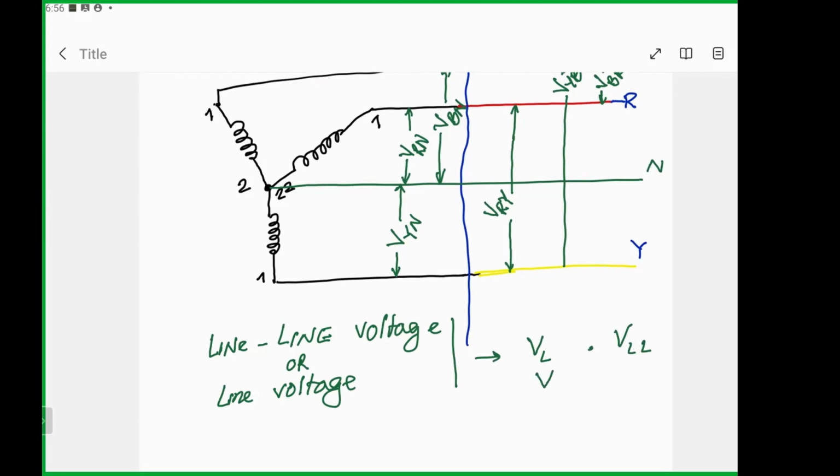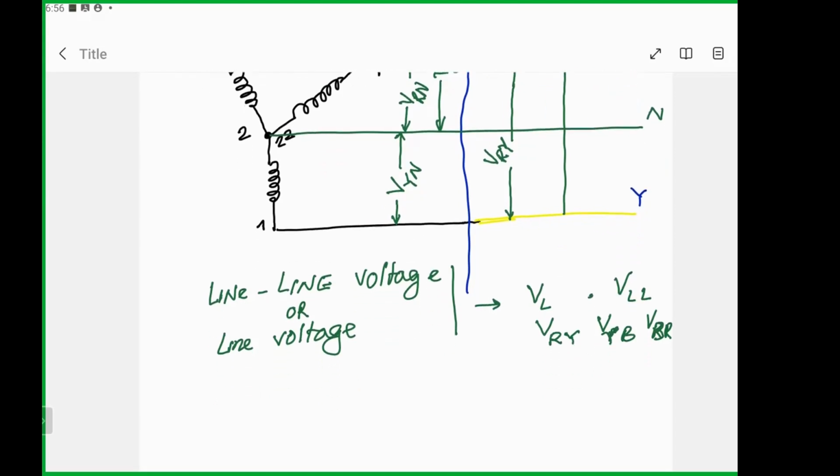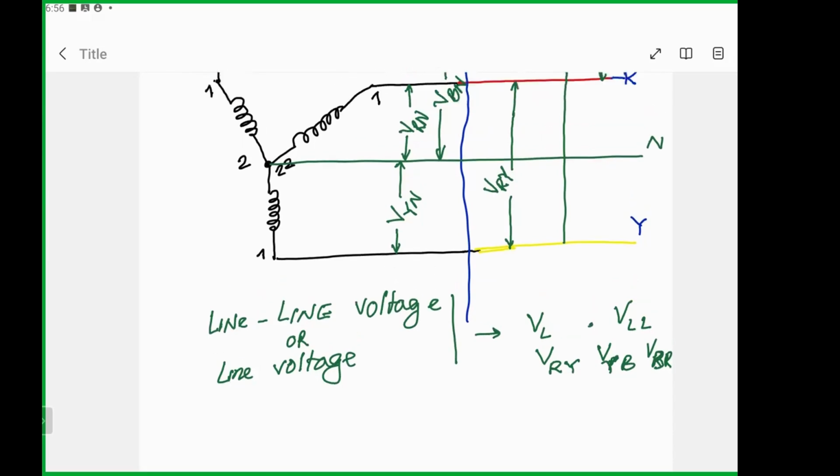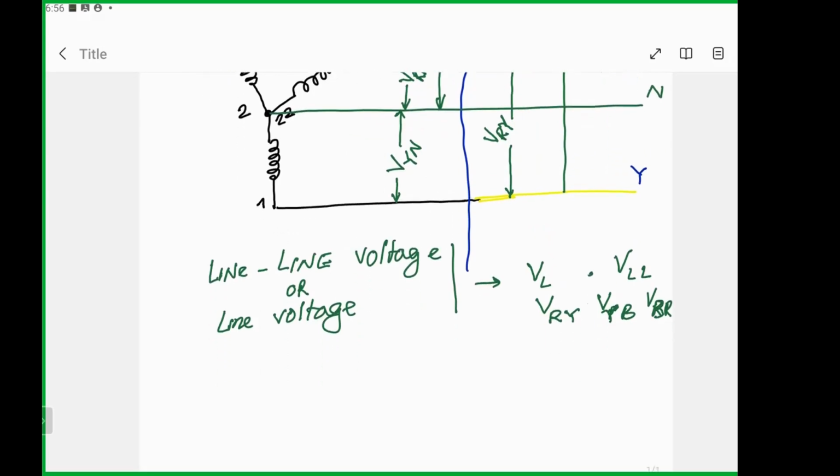Or we can write the specific lines: VRY, VYB, and VBR. So between two lines, what is the voltage, line to line voltage, whatever is preferred, we can mention.